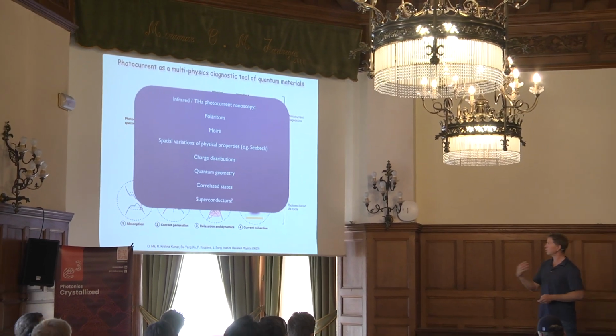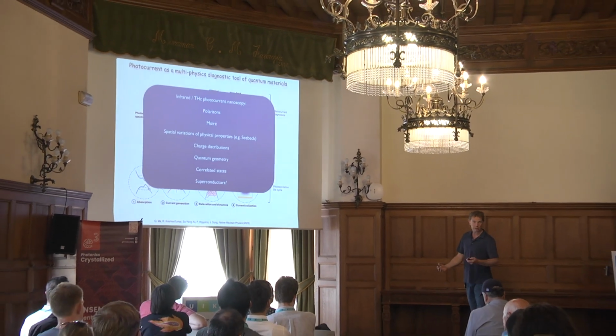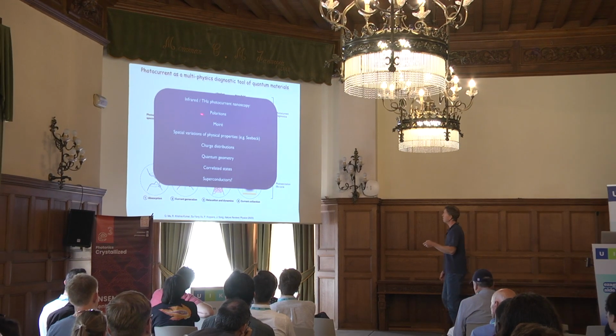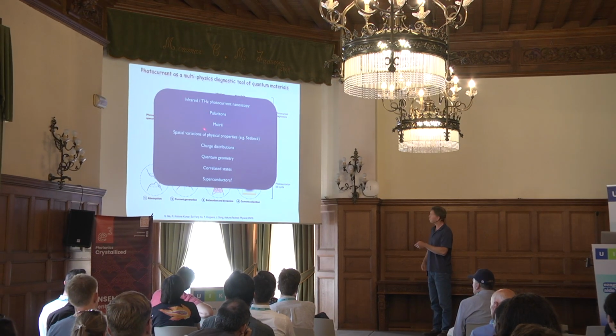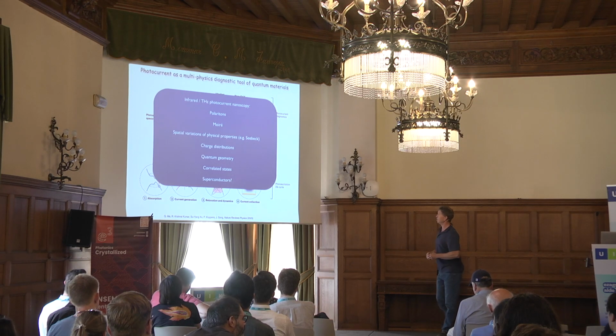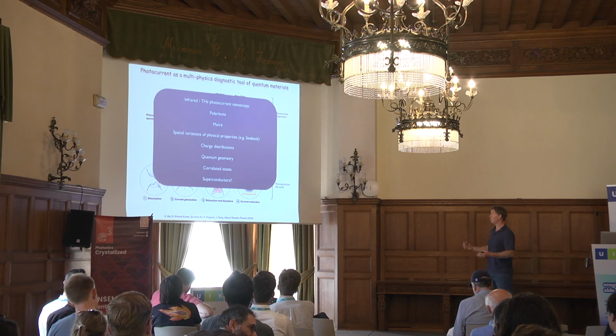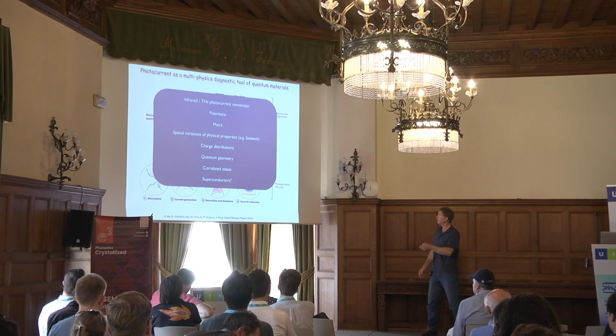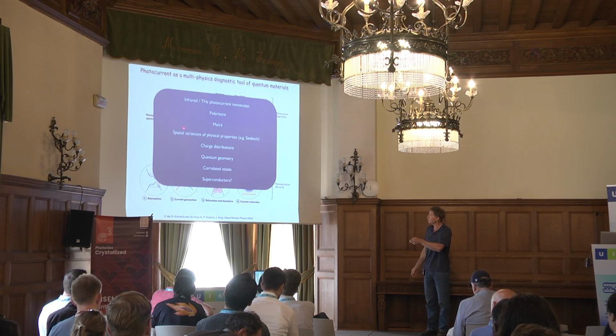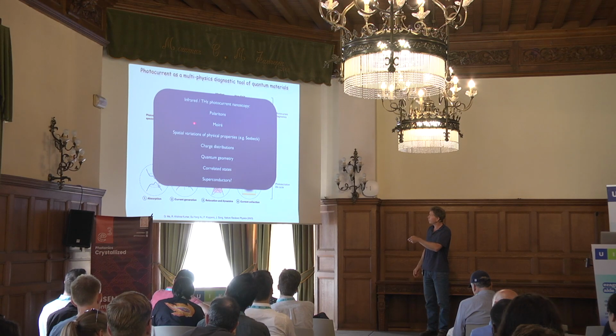So initially, we used photocurrents to measure terahertz polaritons. We can learn about Moiré in twisted two-dimensional materials, because they have a spatial profile of how the photocurrent is generated, so we can look inside the Moiré unit cell. And also the correlation effects in the Moiré.